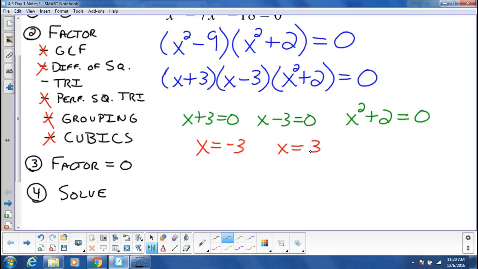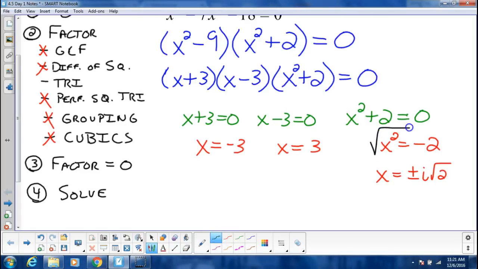And what do we get over here? We get x squared equals negative 2, right? And then we square root both sides. Plus or minus, so that gives us x equals plus or minus i times the square root of 2, because we don't like the square root of negative 2.